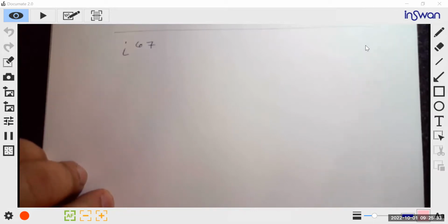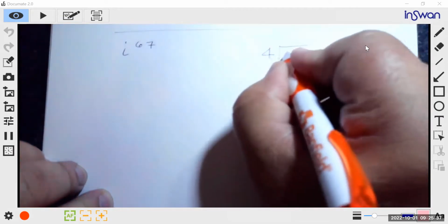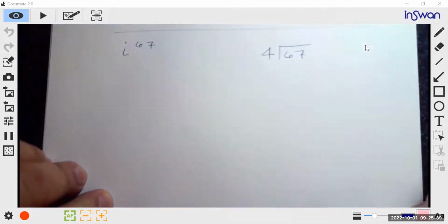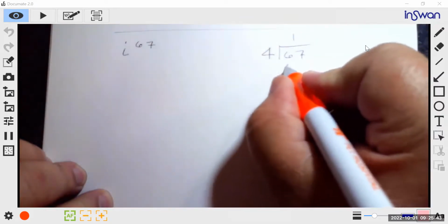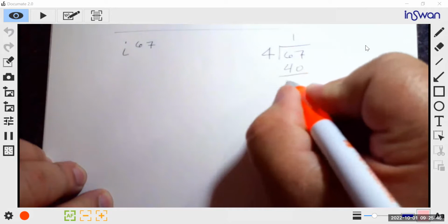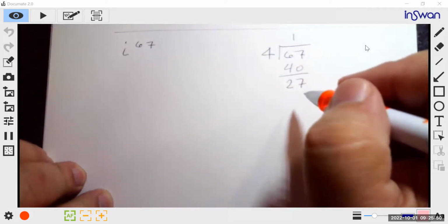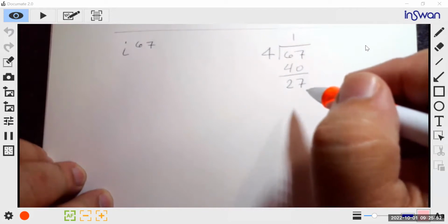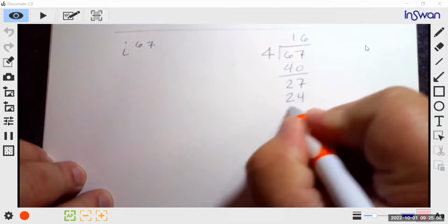i to the power 67. 4 goes into 6 once. 4 goes into 27 how many times? 6. 6 times 4 is 24.